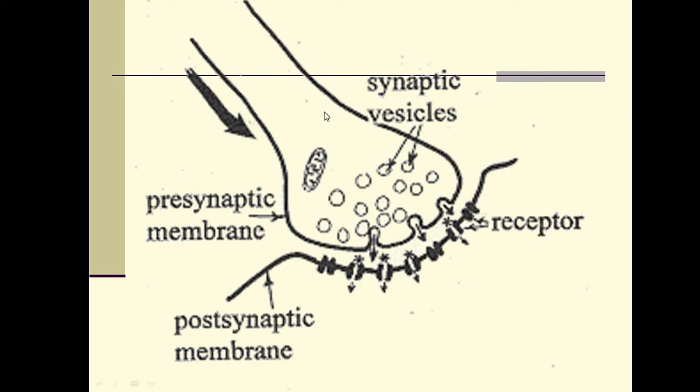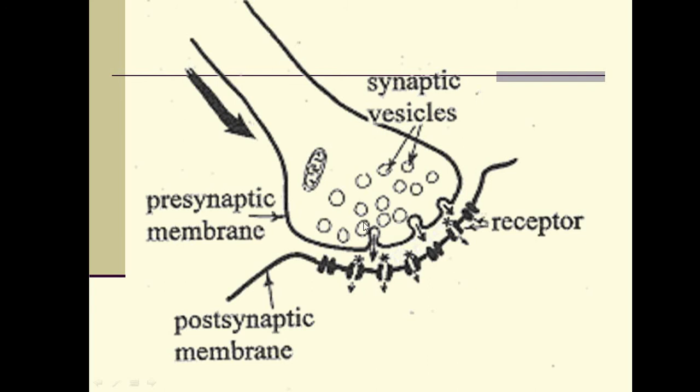So, one neuron, next neuron. In a chemical synapse, an action potential affects the other neuron across a gap called the synapse, which consists of a presynaptic ending, or presynaptic membrane, a synaptic cleft, and a postsynaptic ending.